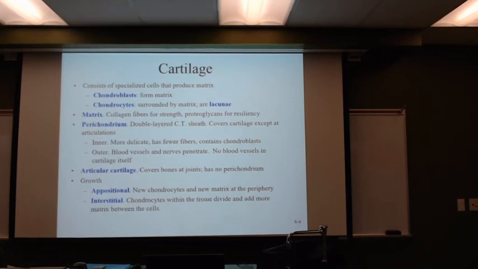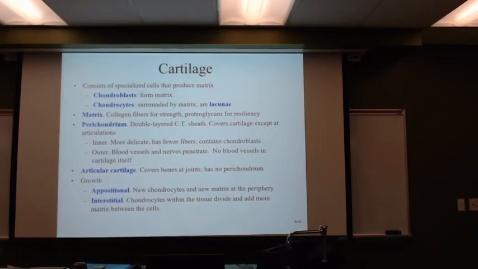So, cartilage. Now, if you remember, when we were talking about the tissue types, cartilage is the semi-rigid tissue, whereas bone is the rigid tissue. Now I've got to remember, I've got 141 and 142 going on at the same time, so if I repeat something, y'all just kind of bear with me.